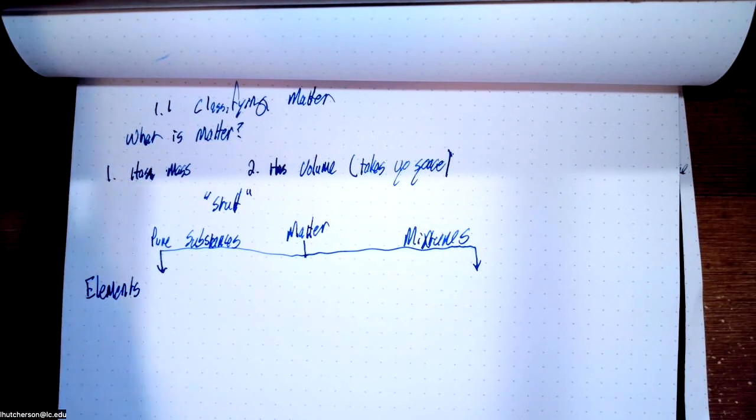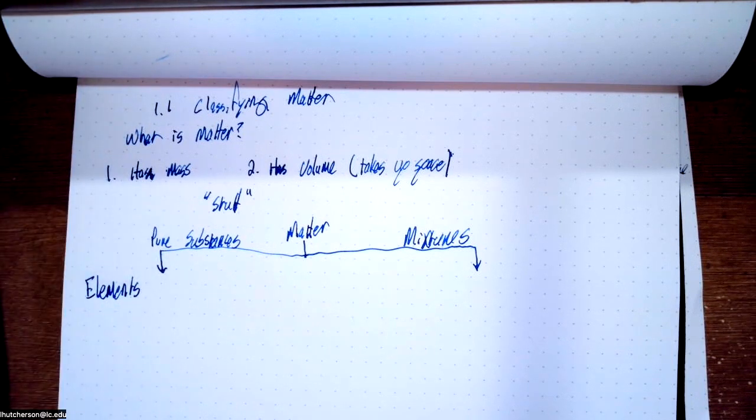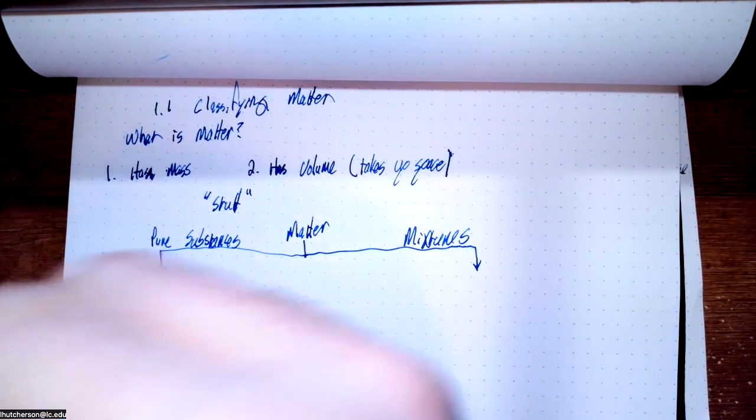So when I talk about pure substances, one of the examples I always like to give is copper wire. Copper wire is 99.99% copper, right? Copper metal, elemental copper. And so, yeah, copper is a great example of an element, but it's also a pure substance, okay?